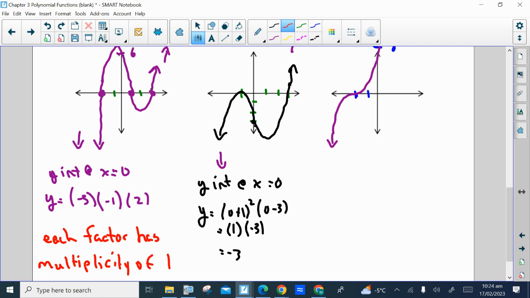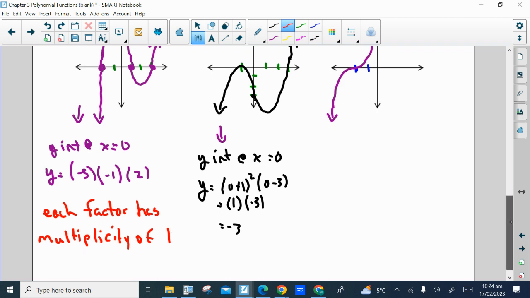For the second graph, we have a factor of x plus 1 or a 0 of x equals negative 1, but this one has a multiplicity of 2. Whereas the other one, x equals 3, has a multiplicity of 1.